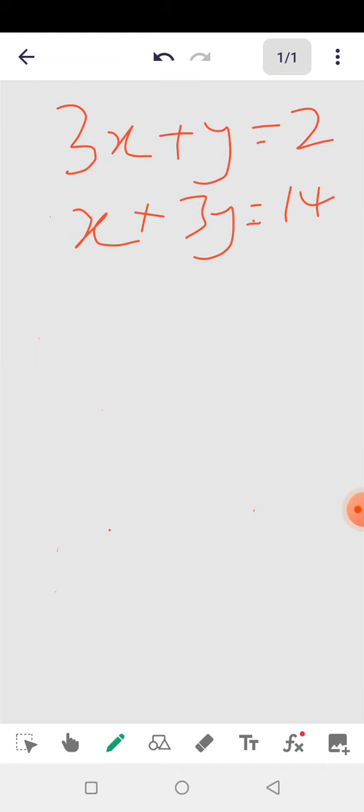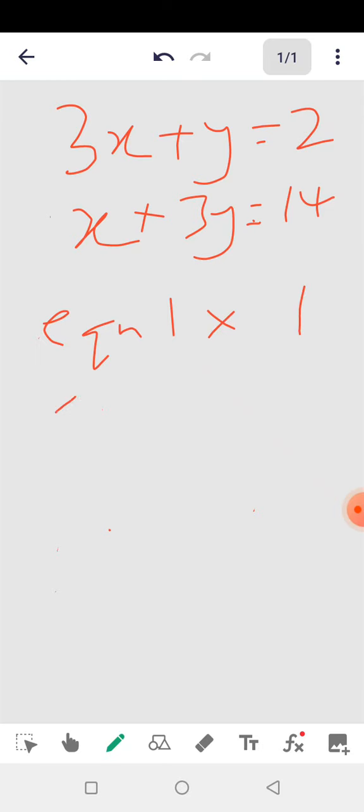If you want to make equation 2 have a coefficient of, say, 3, so that it will be the same with the first one, then I should multiply equation 1 by the coefficient of x in the second equation, which is 1.